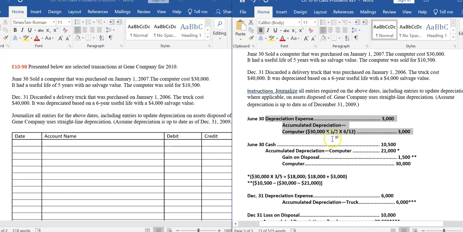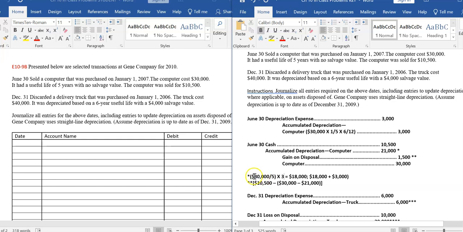Remember that depreciation is $6,000 per year, which is the cost minus the salvage value divided by 5. And this formula is probably a little difficult to read, so let's update it so that it's a little bit easier to read. I think that's easier to read.